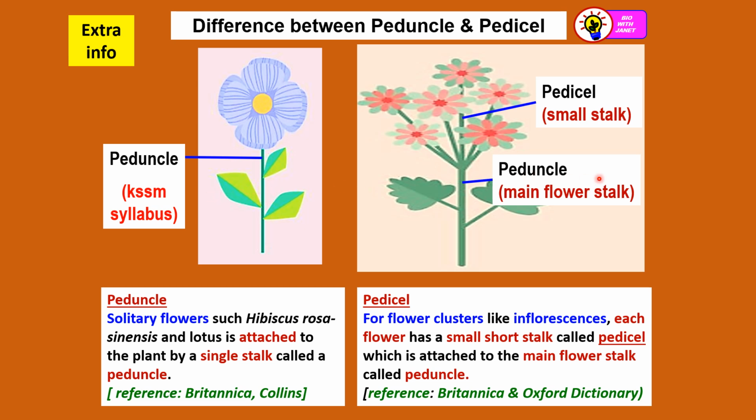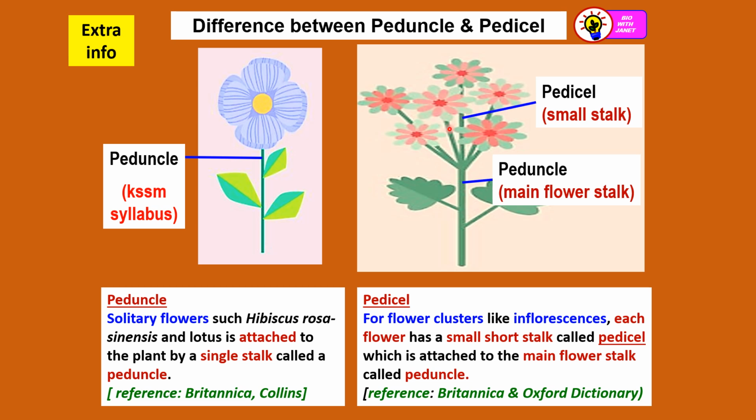How about pedicel? Pedicel is the flower stalk used for flower clusters, like inflorescence. Okay, when there are clusters or bunches of flowers, all connected to the same point below, all branching out from the same point below. So for flower clusters like inflorescences, like the one above here, each flower has a small short stalk.